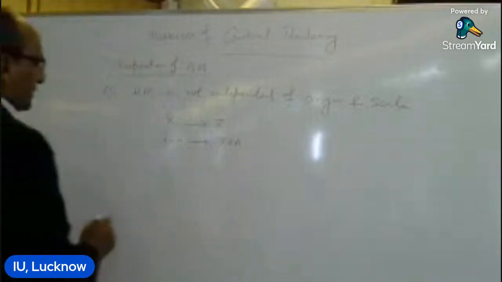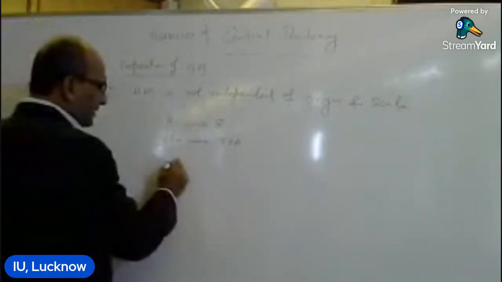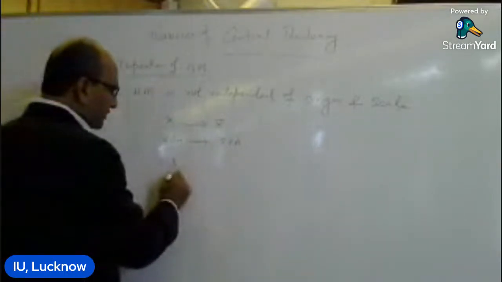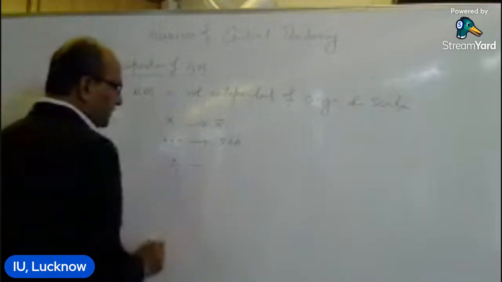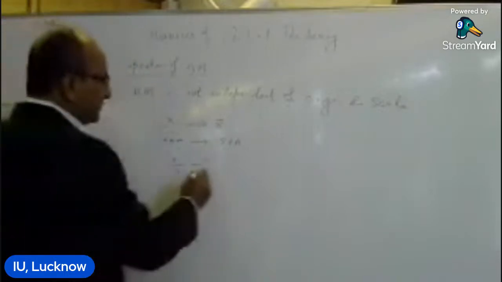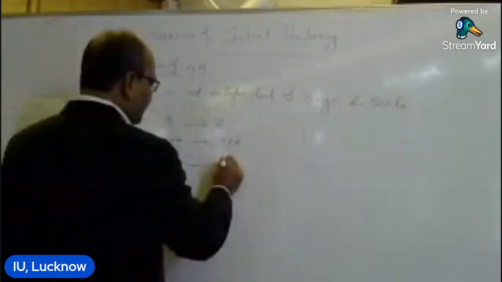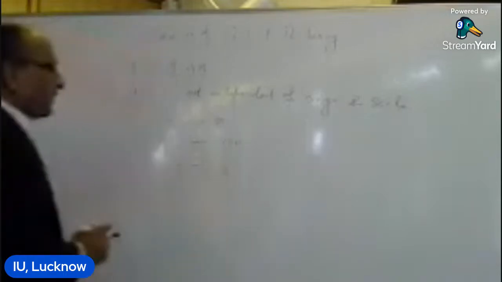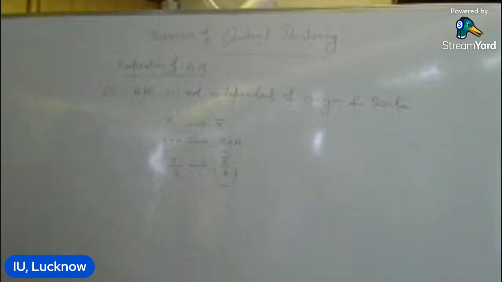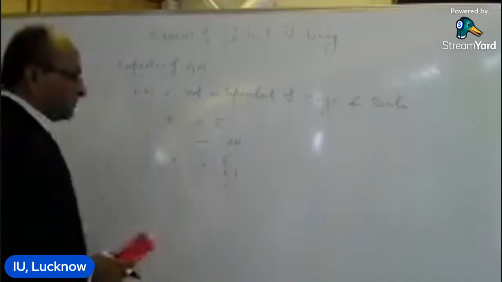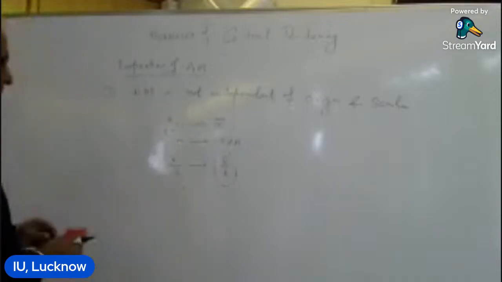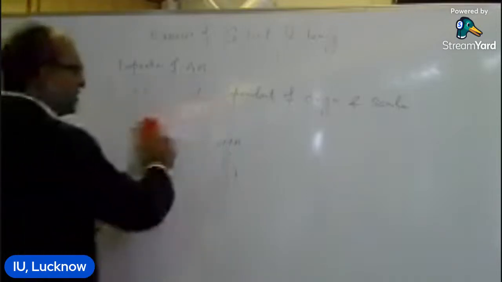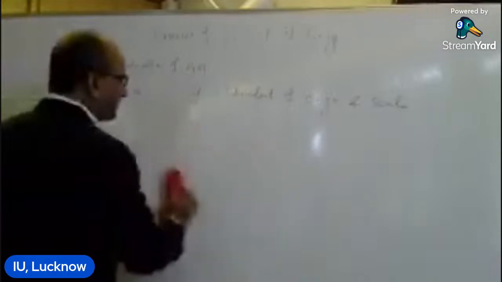If we take x divided by a constant h, then the mean will also be reduced to x bar divided by h. So if we change the origin by some quantity, the mean will also change by that quantity. This is the first property of the arithmetic mean.